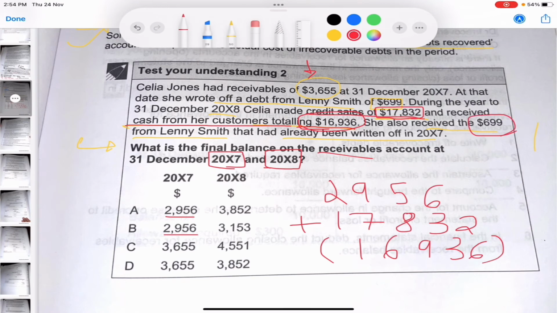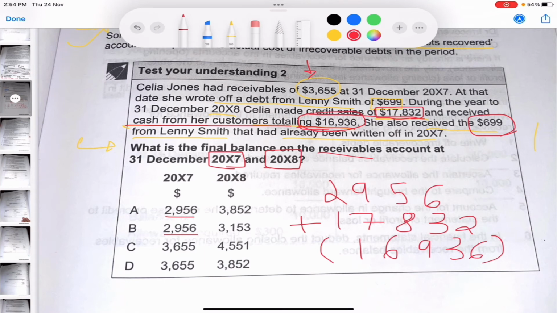She also received 699 from Lenny Smith. See, we already closed the account of Lenny Smith, right? But now she received it again. So what are we going to do in this? We had already closed Lenny's account. What do you mean by closed? Debit irrecoverable debt expense and credit receivables. We have closed it. So now there will be no change in the receivables because the entry does not involve receivables.